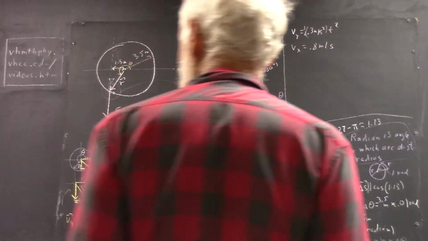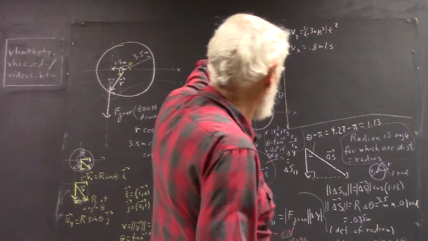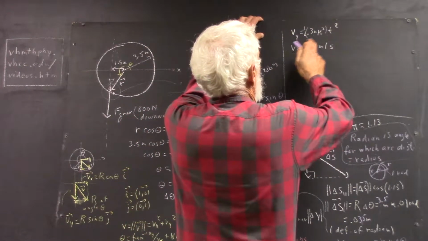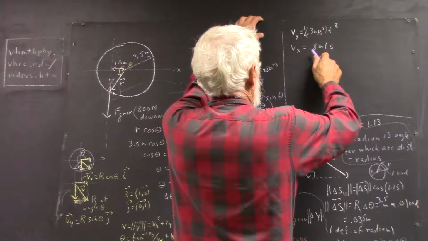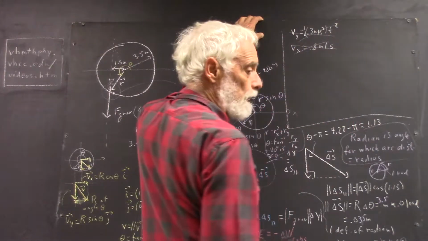A couple of bonehead things I wrote on the board here. It said Vy was 1/2 0.3 meters per second squared times t squared, and Vx is 0.8 meters per second.